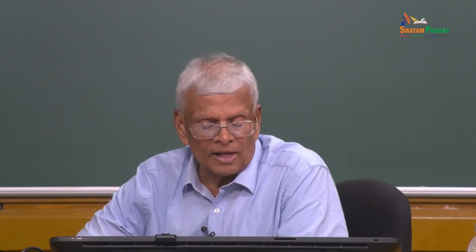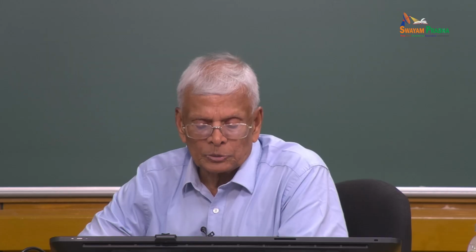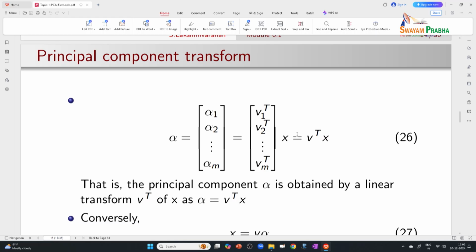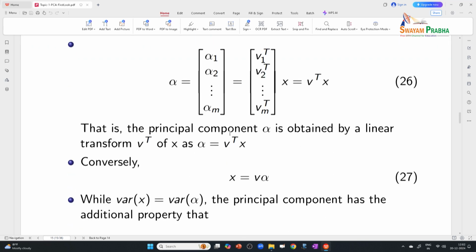So, alpha is alpha 1, alpha 2, alpha m, equal to V1 transpose, V2 transpose, Vm transpose times X. This is the matrix V transpose times X. So, alpha is essentially V transpose X. Alpha is obtained by the linear transformation V transpose of X. V is a matrix, V transpose is a matrix, and multiplying a vector by a matrix is a linear transformation. So, the principal component of X is obtained by a linear transformation of the given random vector X itself.